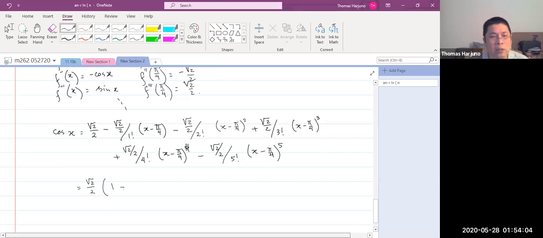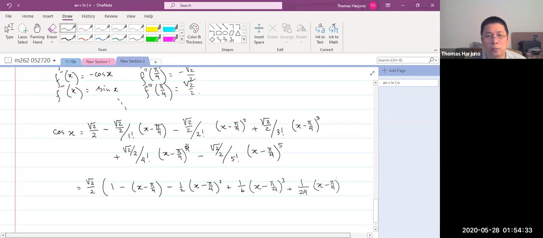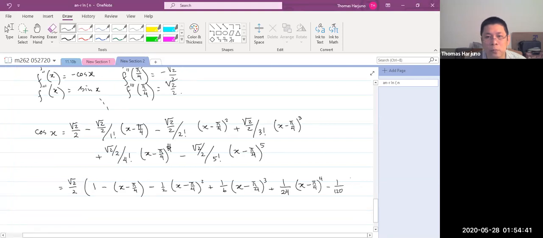So 1 minus 1 times (x minus pi over 4), minus 1 half, plus 1 over 6, plus 1 over 24, minus 1 over 120 times (x minus pi over 4) to the 5th.